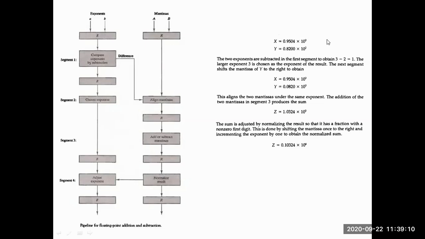After the dot there is no 0, and things are in this format, 0 point. So normalization has been done on this number. You can see this number is something like 950.4, and it is normalized and kept like this. In the same way, we have another number, which has also been normalized.